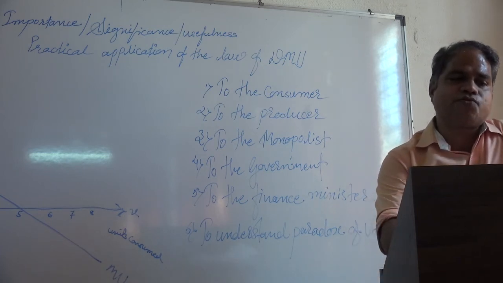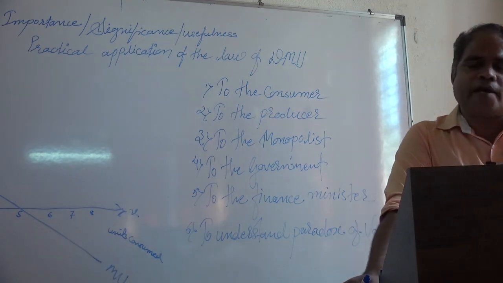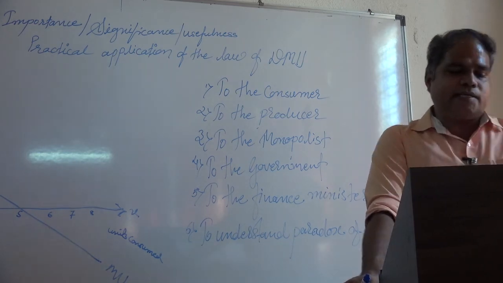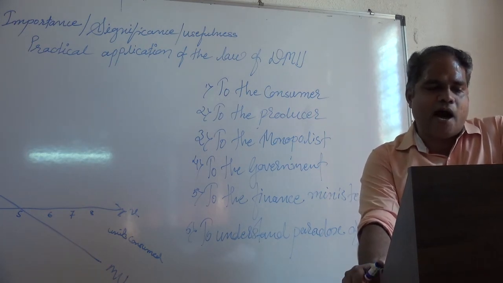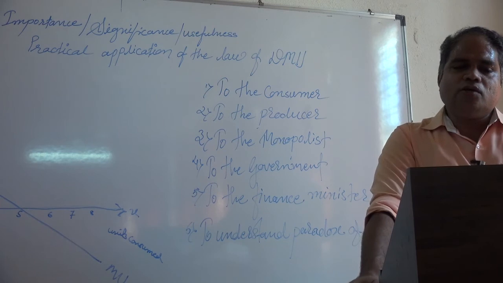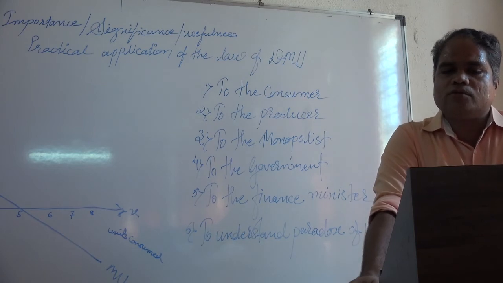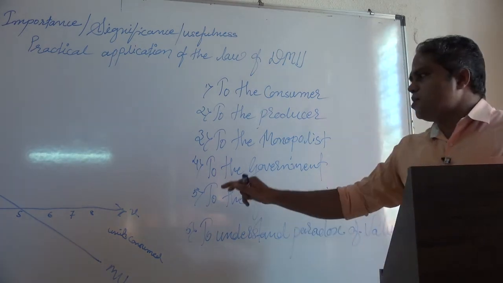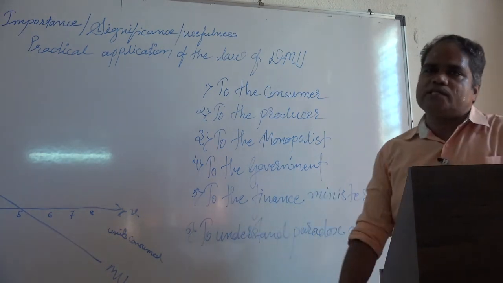The law is also useful to economics experts, bankers, and modern economists to frame various economic policies. So, as per the law of diminishing marginal utility, we know that as income increases, the marginal utility of income decreases. So the government can charge higher tax to the higher income group and lower tax to the lower income group. Also, indirect taxes such as sales tax, excise duties, etc. can be more on those goods which are enjoyed by the rich income class. So the explanation of the law of diminishing marginal utility helps to frame taxation policy.